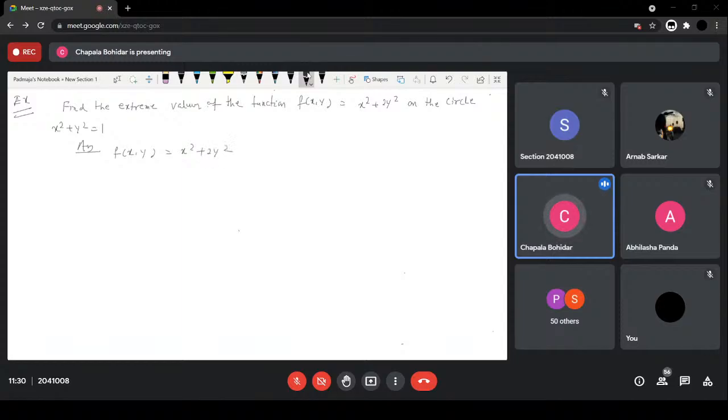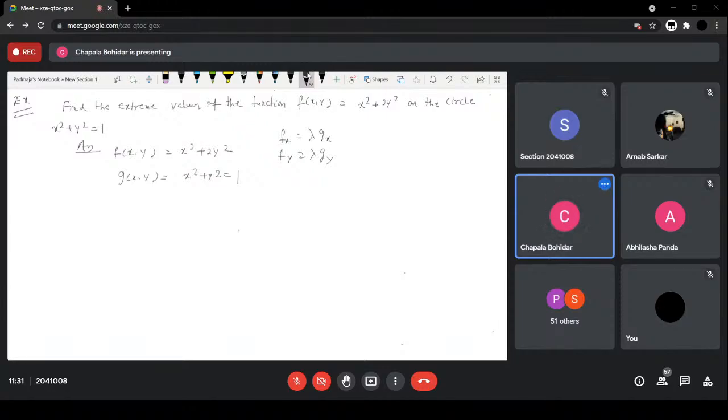Subject to the constraint g(x, y) = x square plus y square is equal to 1. Now f_x is equal to lambda g_x, and f_y is equal to lambda g_y, for a function of two variables.